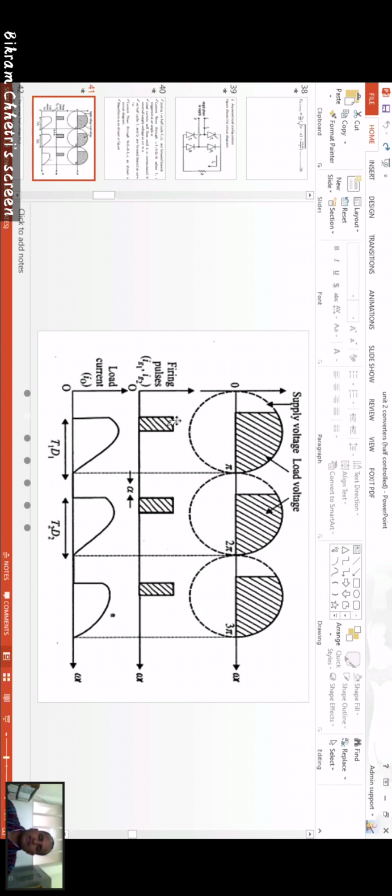When it is triggered at alpha, the output load current and load voltage will flow till this point. When omega t is pi, the load current becomes 0, with T1 and D1 conducting.